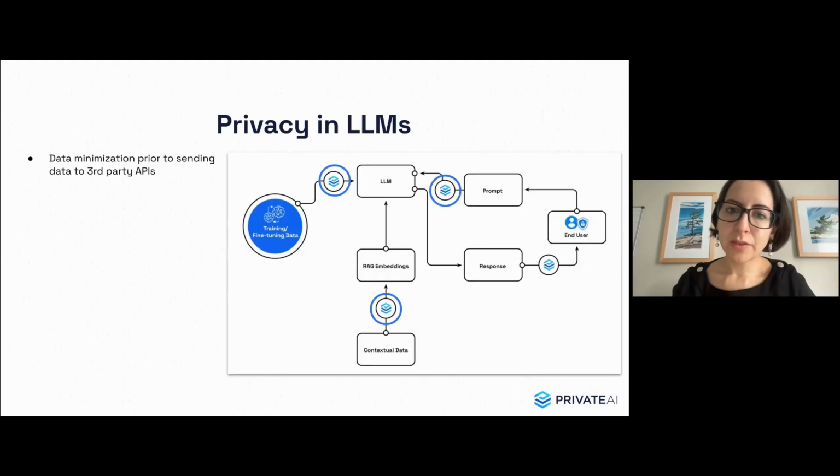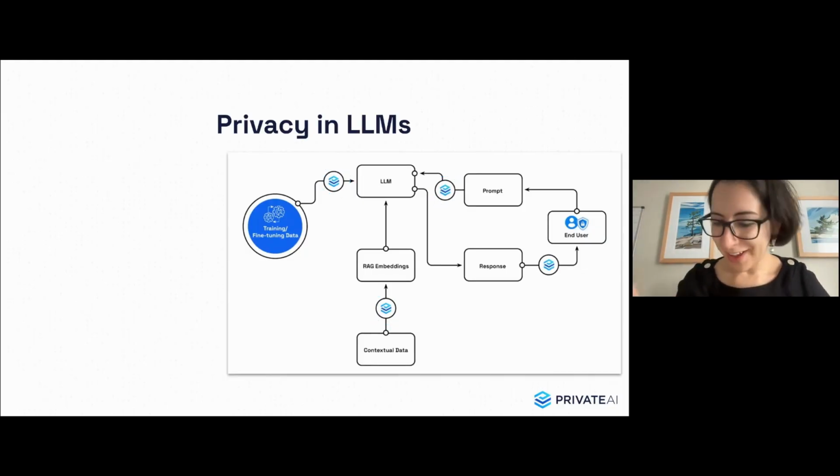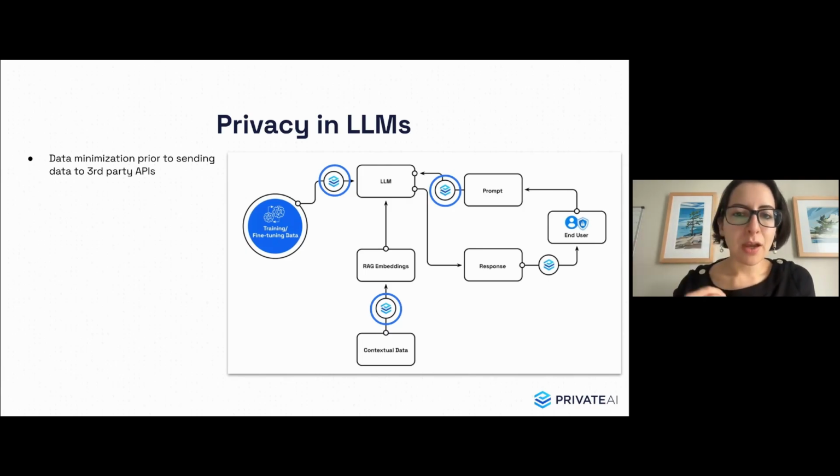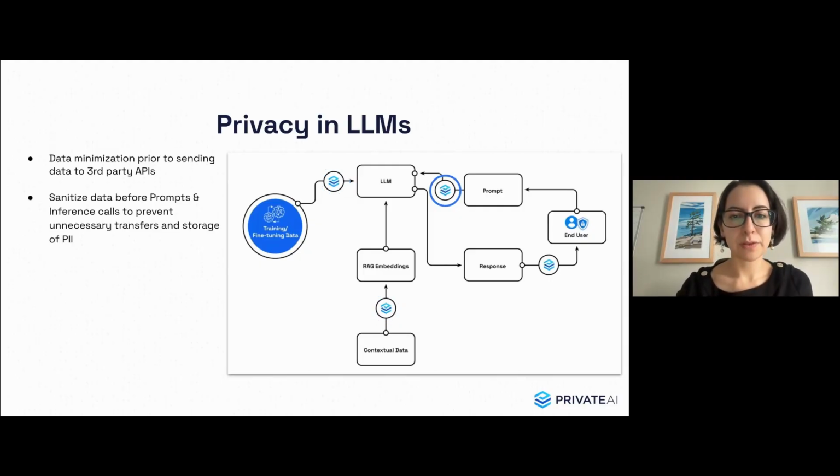So when it comes to privacy in large language models, since that is what we're kind of using as a term for AI nowadays, there are several locations where you have to be conscientious about what kind of data is being transferred. If your large language model lives in a third party, you have to be conscientious about the training data and fine-tuning data you're sending to them, the contextual data you're sending to create RAG embeddings, and the information that you're sending through within the prompts of the users.